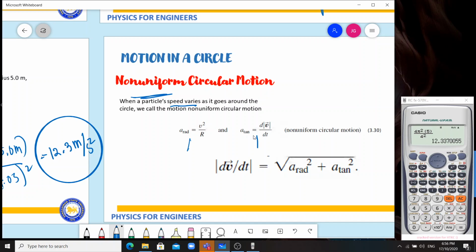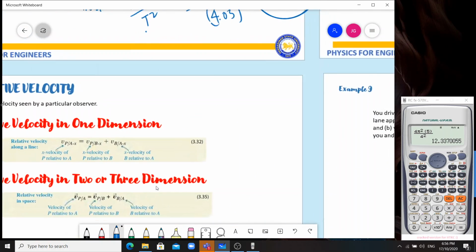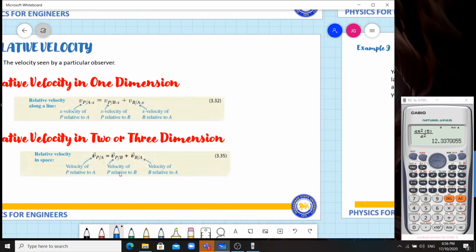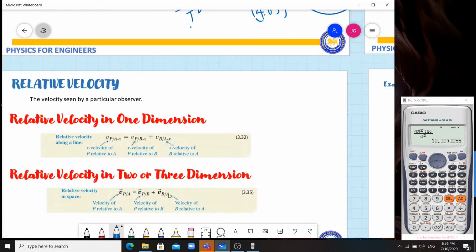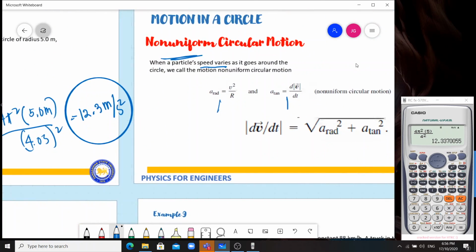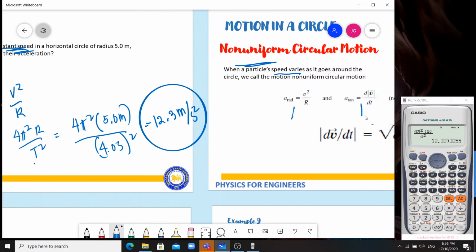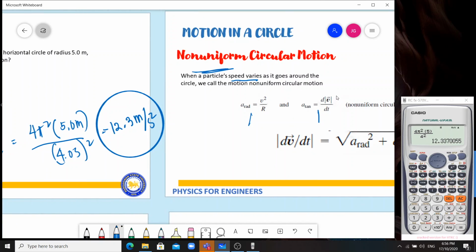So, the magnitude of the acceleration is the square root of a rad squared plus a tan squared. Parang ganito rin siya, guys, pero magkakaroon tayo ng isang component pa.